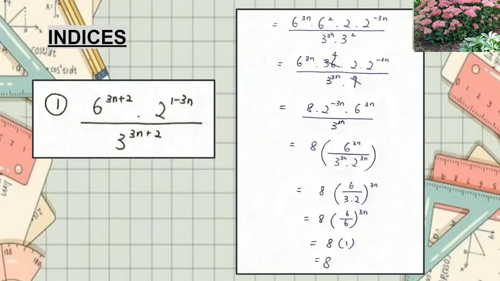The numbers inside the bracket have the same power, so that can be grouped into 6 divide 3 times 2, all power of 3n, and 3 times 2 equals 6. 6 divide 6 equals 1, and 1 power of any number is still 1, so 8 times 1 you get 8, and the answer is 8.